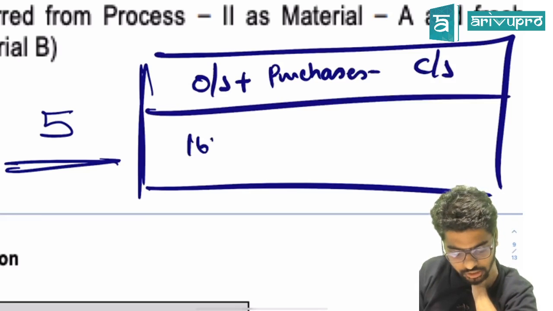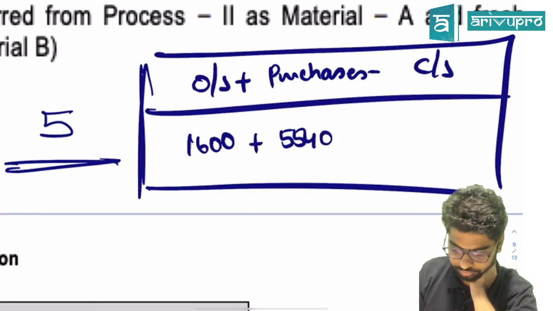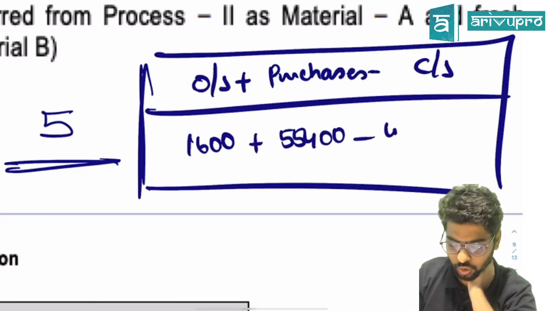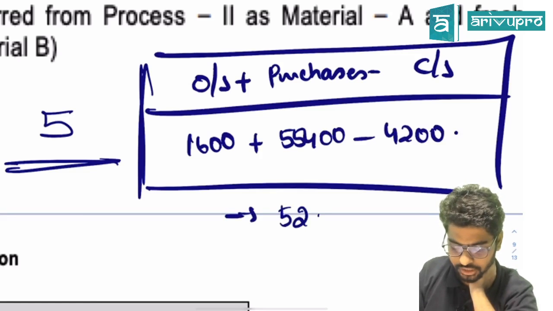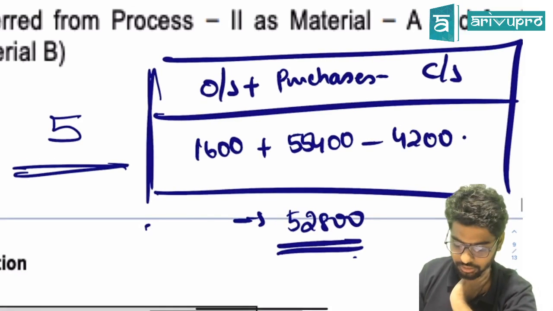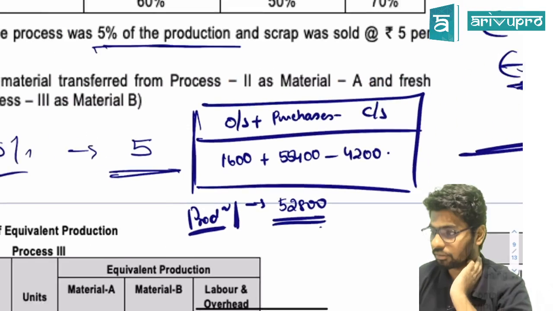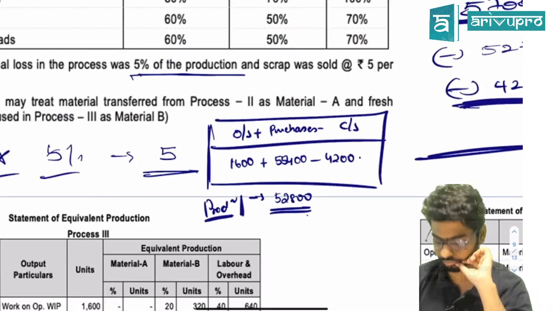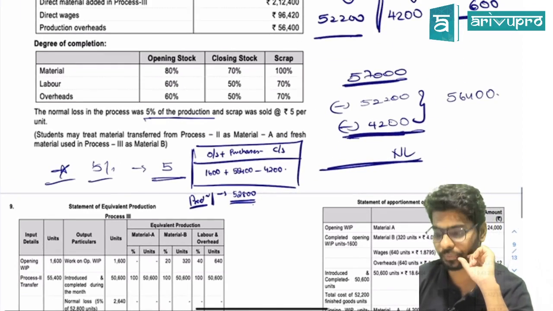Opening stock was 1,600 units. My units purchased was 55,400. Closing stock was 4,200. Therefore, the number of units is 52,800 units are the production units. Are you clear?